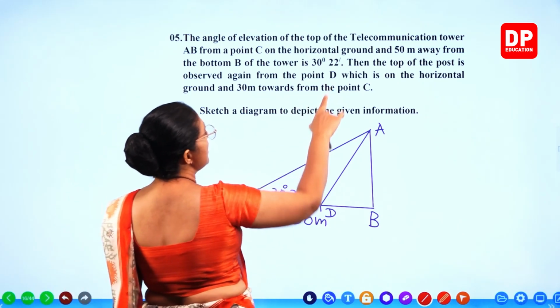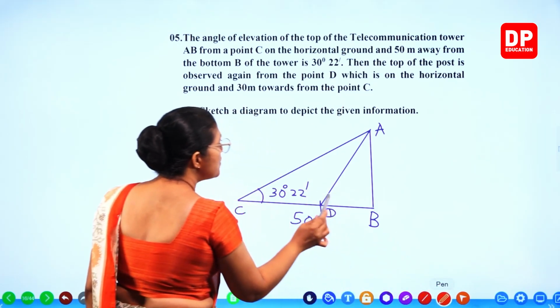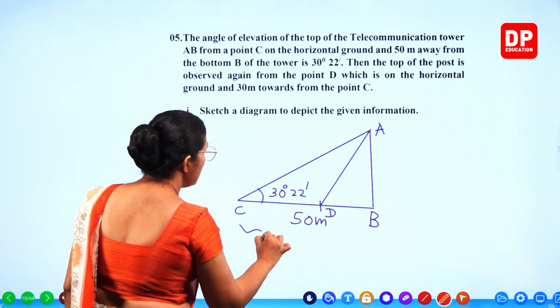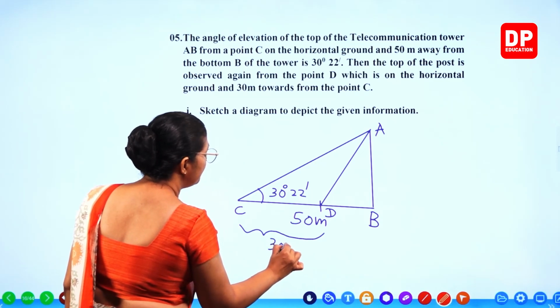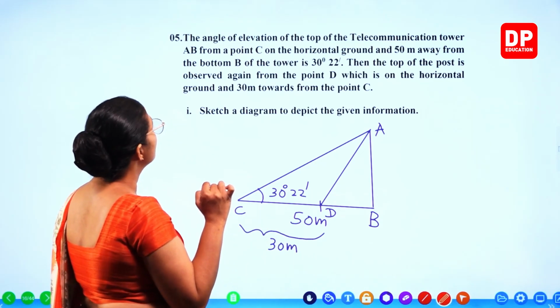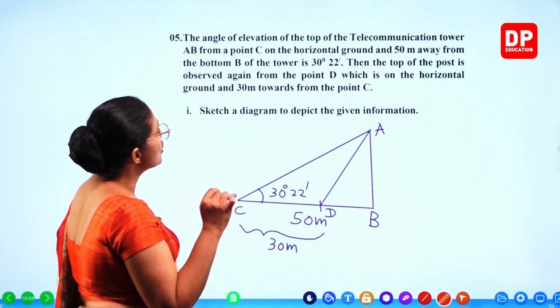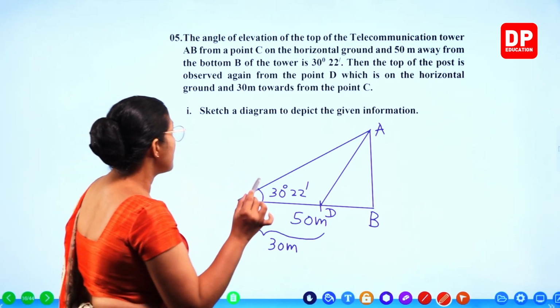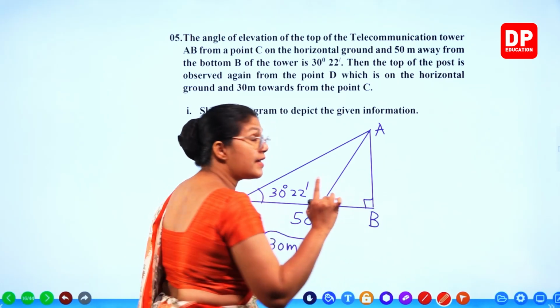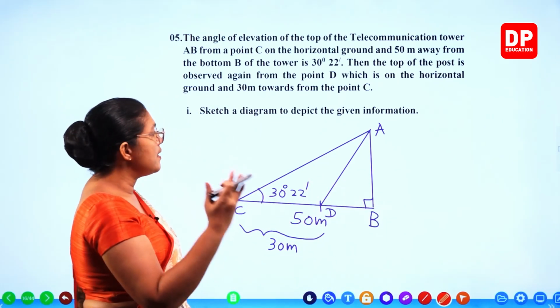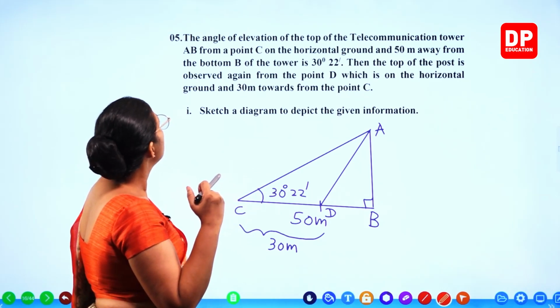Here they are just taking this point D, observing from here 30 meters from here. Sketch a diagram to depict the given information. So this is the diagram, and make sure that you put 90 degrees because the horizontal ground and the tower is 90 degrees.